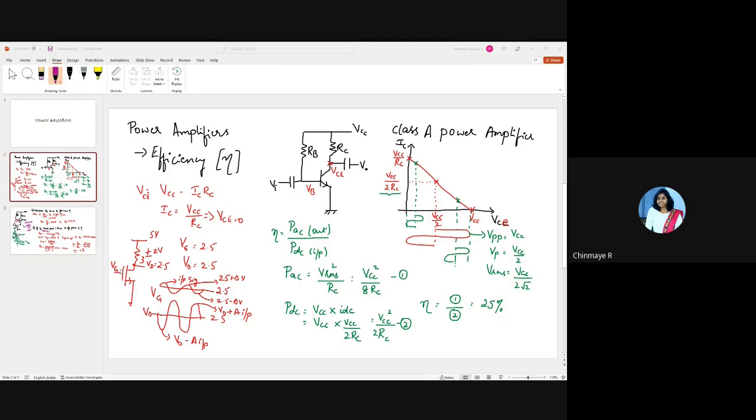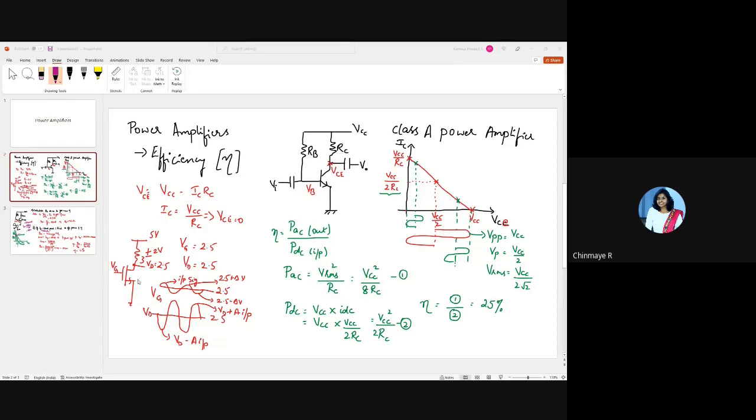And for this to remain in saturation, VG must be equal to VD even after the swing, which is say satisfied. So to keep this MOSFET in saturation, we are talking in terms of 1 volt, 0.5 volts, 250 millivolts, and so on, whereas the swing that we are talking about in power amplifiers is a 10 volt swing, 15 volt swing, 20 volt swing, 25 volt swing, which is much, much higher.